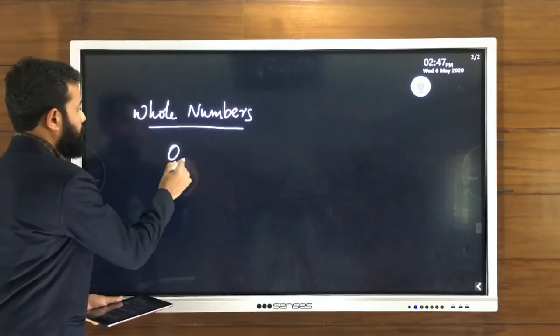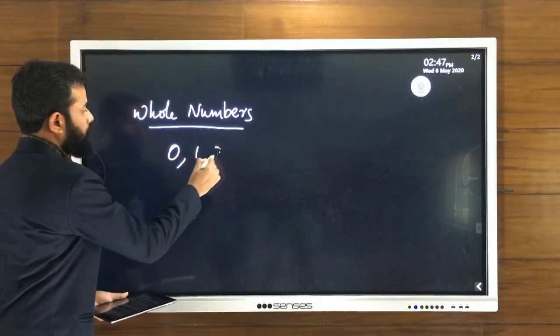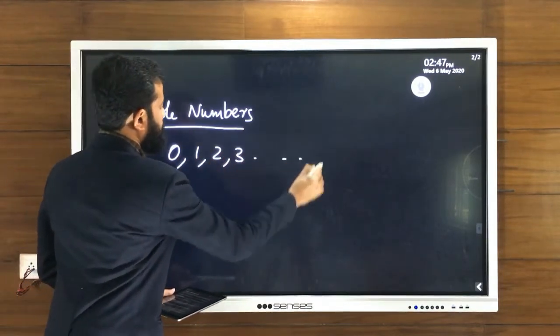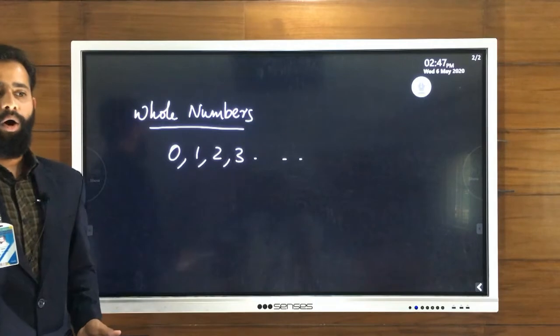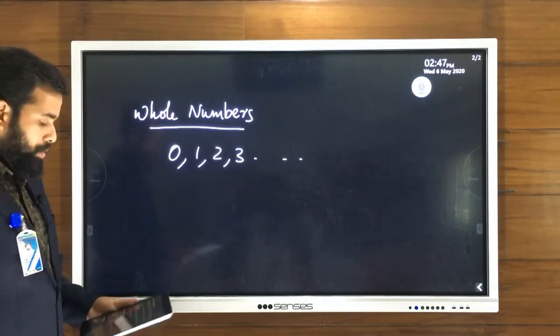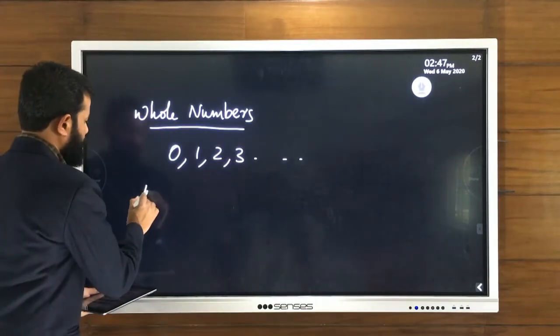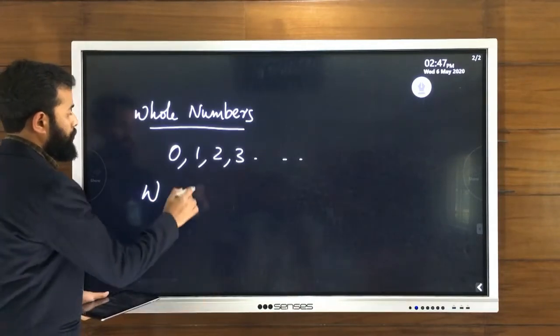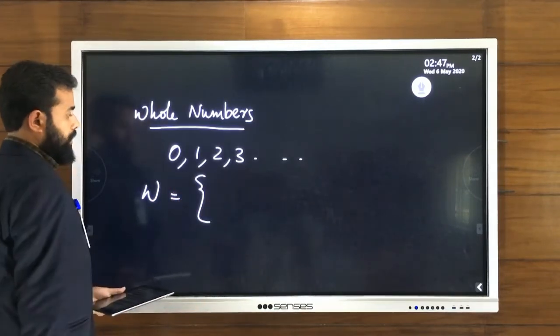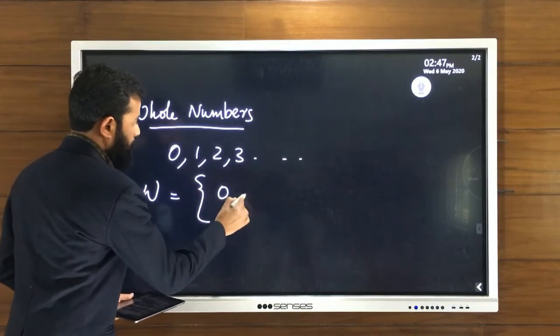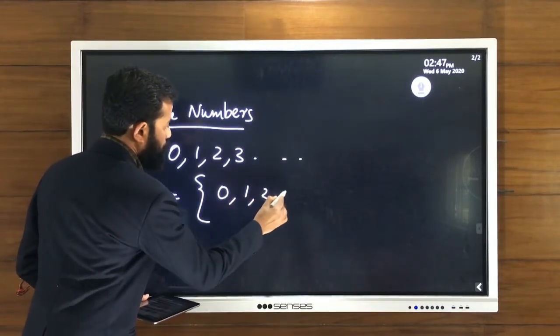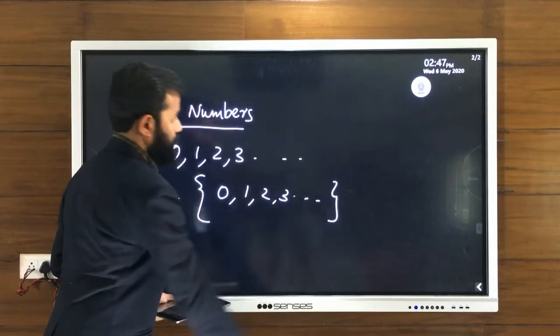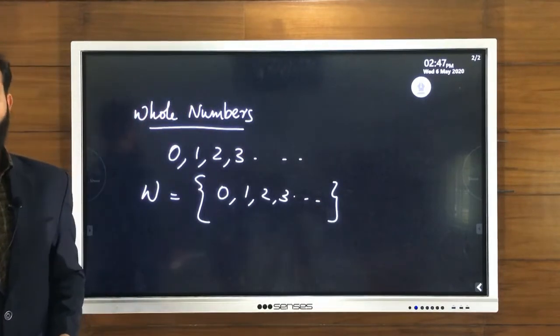So, the whole numbers will be 0, 1, 2, 3 etc. And the whole numbers are denoted by W. So, whole number set of numbers 0, 1, 2, 3 etc. So, that is whole numbers.